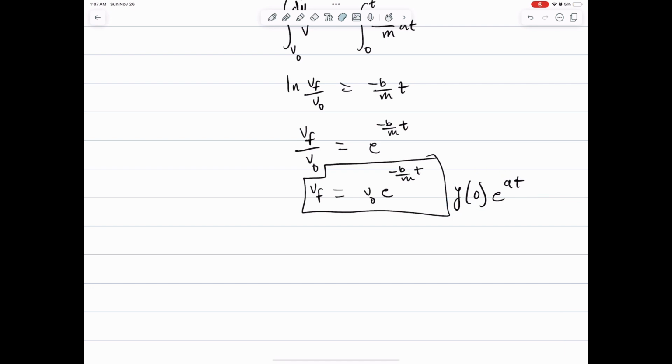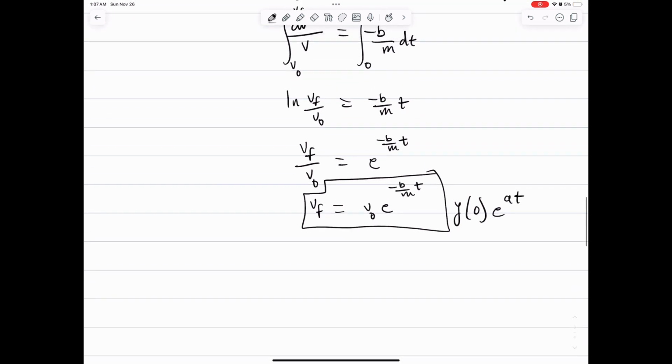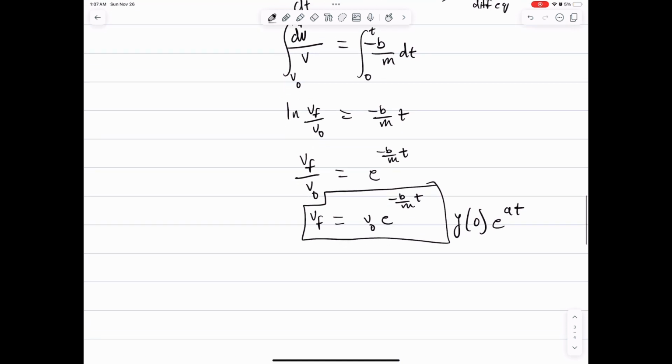Okay, so again, I told you y naught, or y of 0, is just an initial condition. And in our case, where we're thinking about it in context, v naught, or initial velocity, is our starting condition. So that matches.